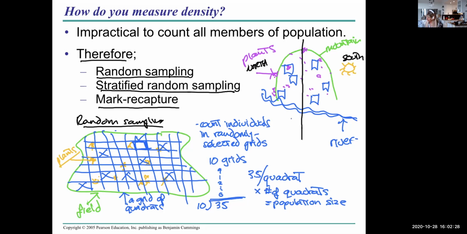So we would randomly sample with equal numbers on both sides of the mountain.